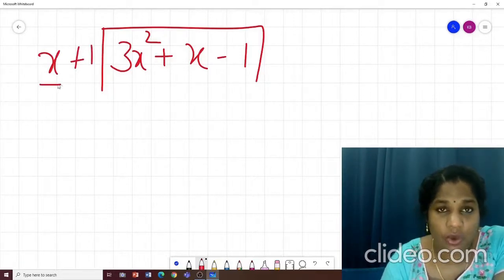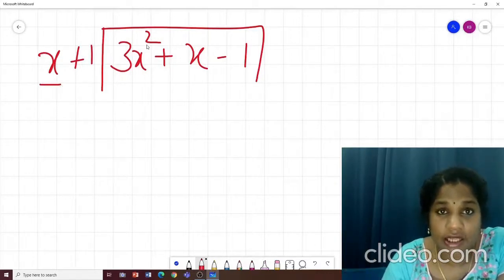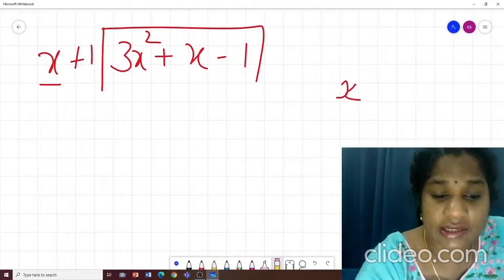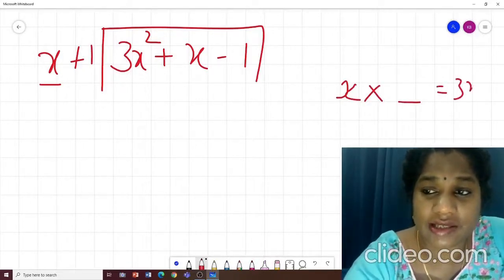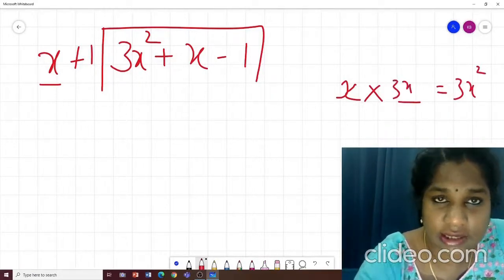With x, what will you multiply that you get 3x square? With x, what will I multiply that I get 3x square? You only think it should be 3x, isn't it?